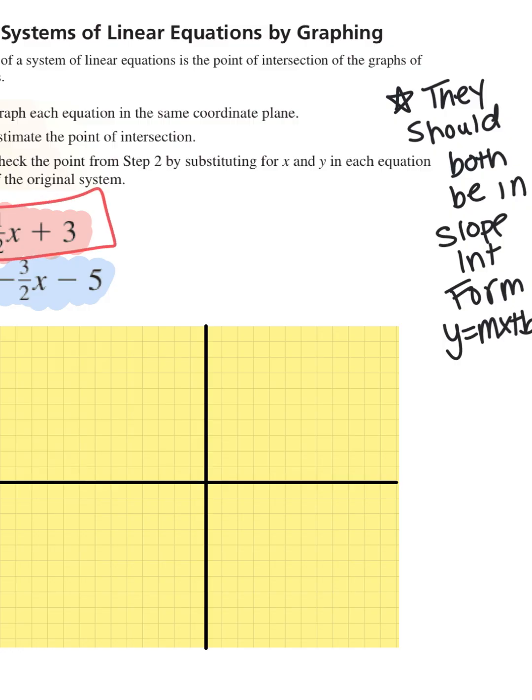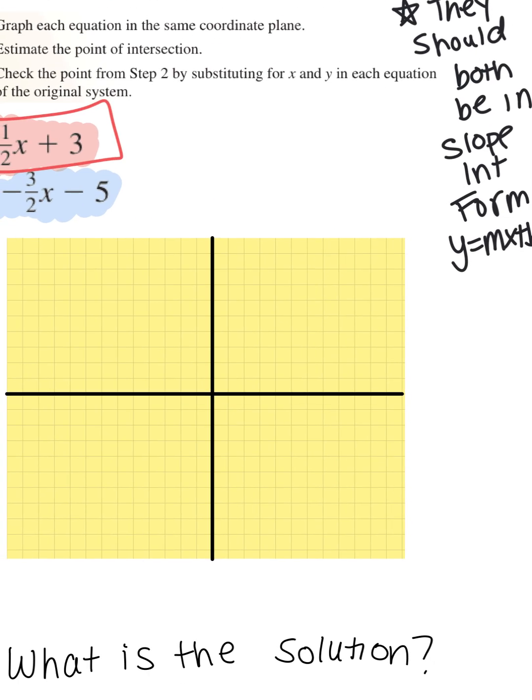Is this in slope-intercept form? Yes. What's the first thing I'm going to do to graph this? No, it's already in slope-intercept form. I don't need to subtract anything. The y-intercept. Which is 3. So on the y-axis, I'm going to put a point at 3. What's the slope?